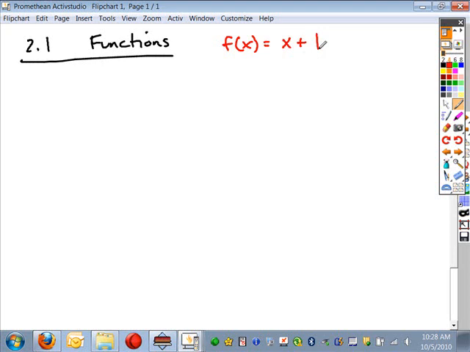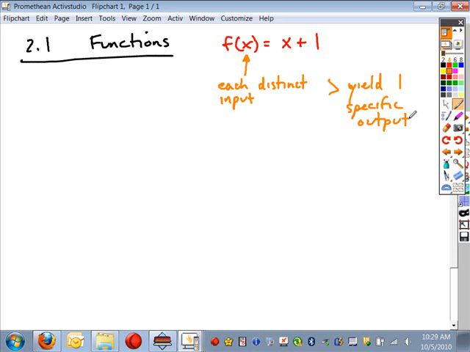And what a function means is that for any given inputs, each distinct input, whatever you happen to plug in for x in this case, will always yield one specific output. And now, here's kind of where the confusion on functions sometimes comes.